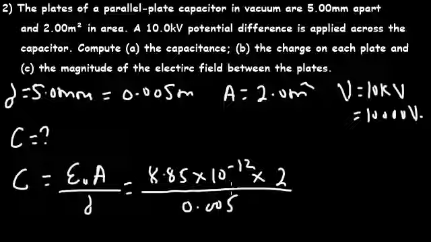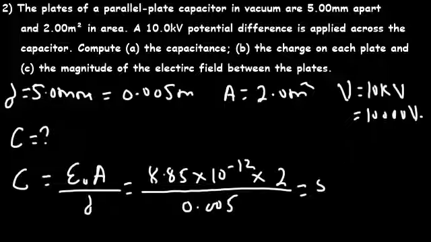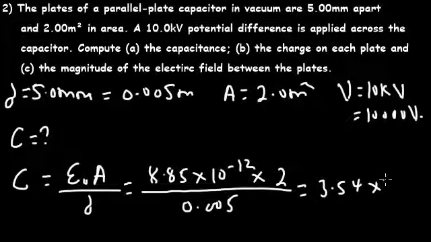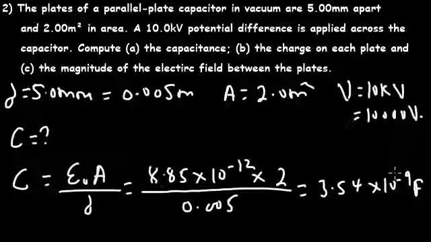So fraction 8.85 times 10 to the power of negative 12, again multiplied by 2 and divided by 0.005. Alright, so I got 3.54 times 10 to the power of negative 9 farad as the capacitance.